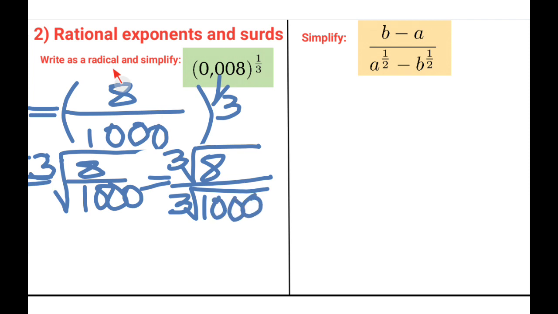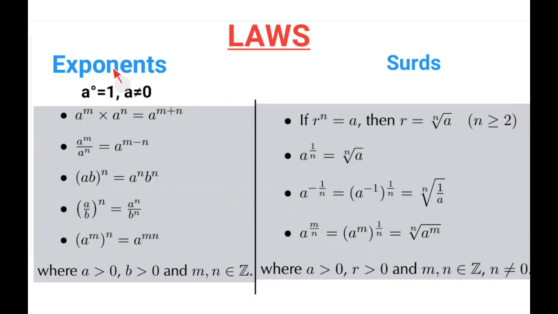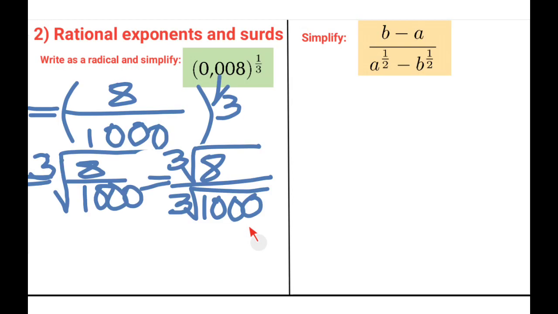So in exponents, when you have a number over another number, all raised to the power of n, you can break this up into separate powers, so that becomes a to the power of n over b to the power of n.